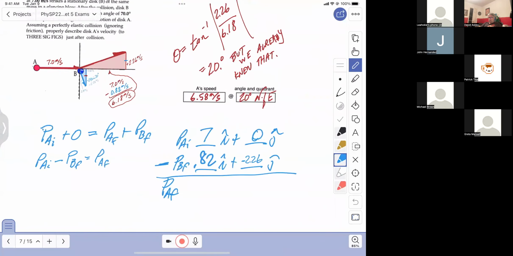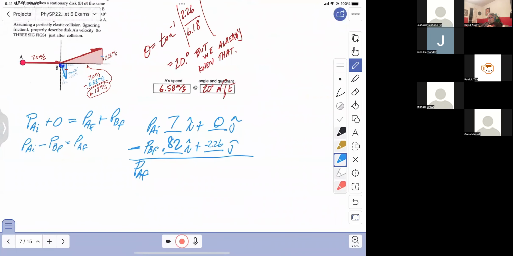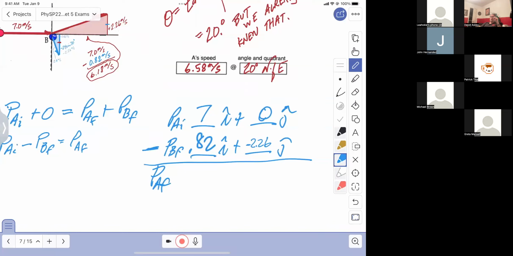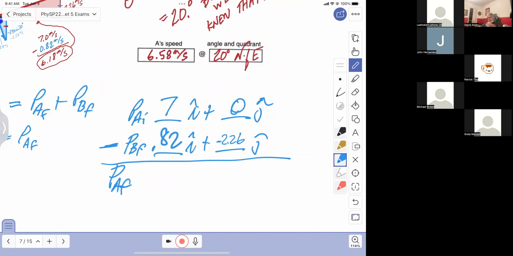But I'm subtracting them. That's the difference, the complication we didn't have first semester when we were doing stack and rack. Sometimes it's stack and subtract. So when I subtract these, I've got to make it negative, so that's got to be positive now. You're adding the opposite.